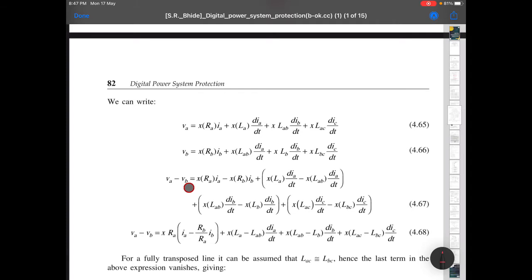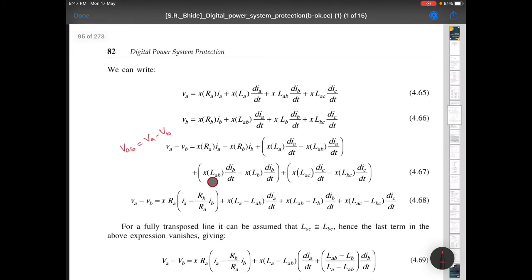So VAB is nothing but VA minus VB. We all know this, we have learnt it in our elementary courses, basic electrical engineering. So we are subtracting 4.66 from 4.65, and by doing that, this is the equation we get.